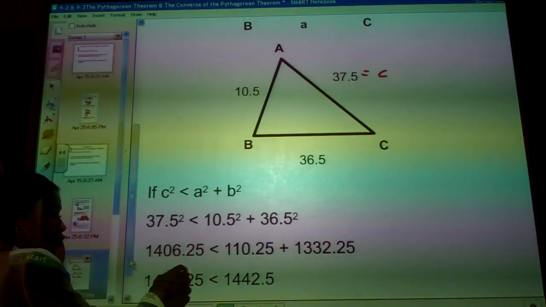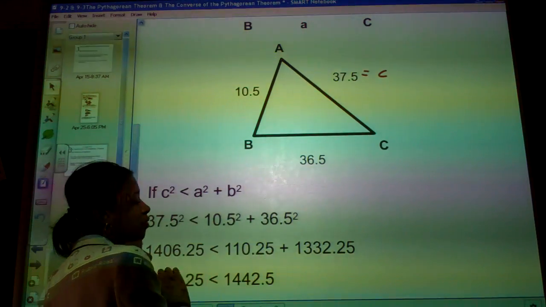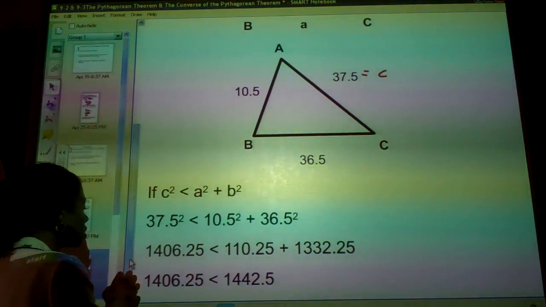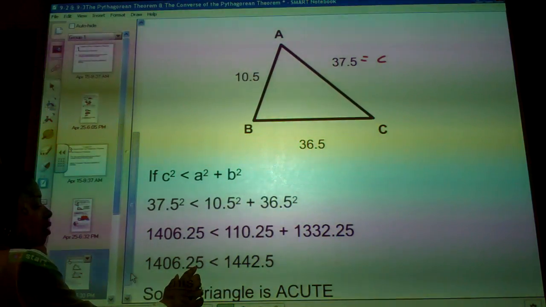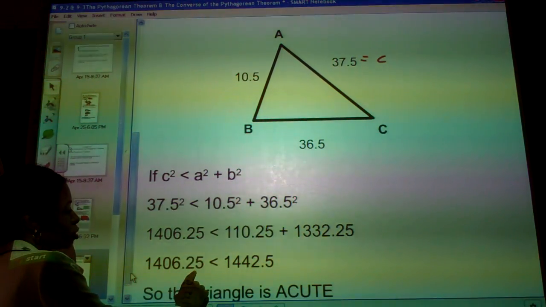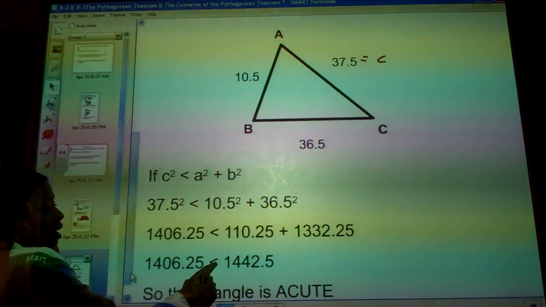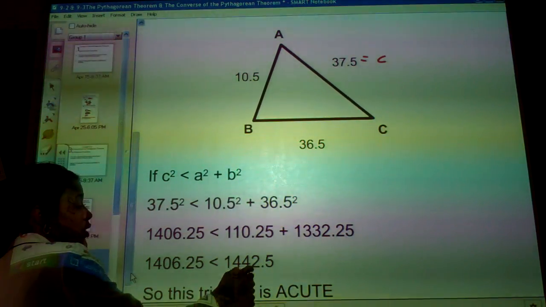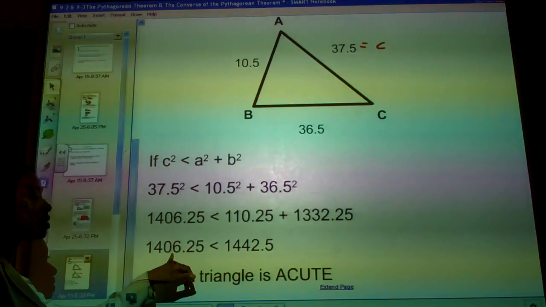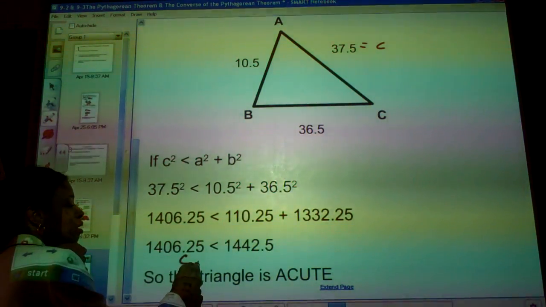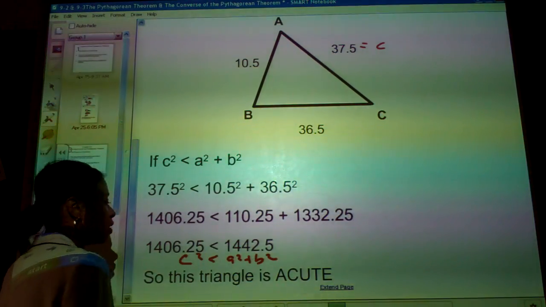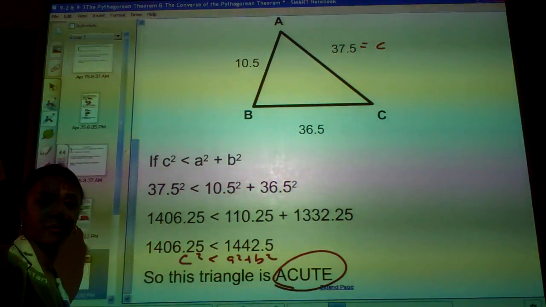And when I plug it in, 37.5 squared is 1,406.25, which is less than 110.25 plus 1,332.25. And when I put that all together, again, the 1,406.25 is less than the 1,442.5. And because C squared is less than A squared plus B squared, this is going to be an acute triangle.